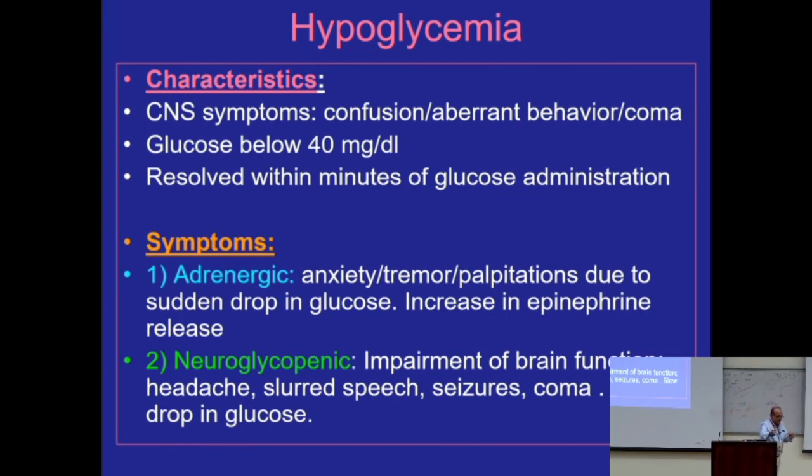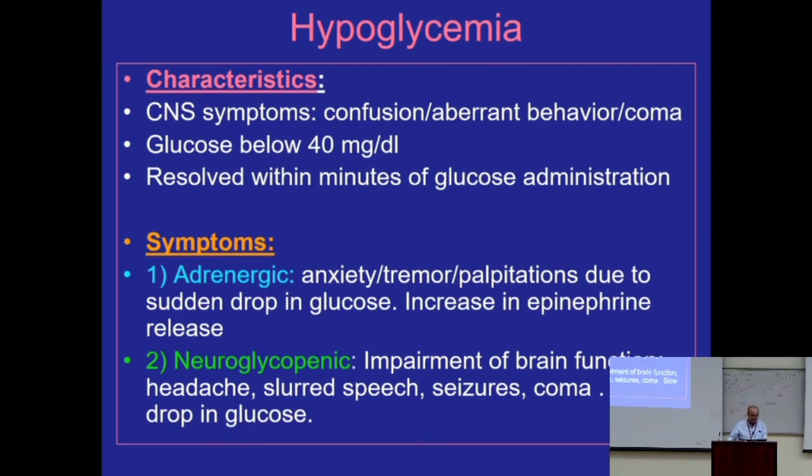So it sends signals to the pancreas to increase glucagon release. It sends other signals to increase epinephrine synthesis, cortisol, and so on. So the key there was a drop in serum glucose. So that's the normal body response: sense a drop in serum glucose, you respond by producing glucagon, epinephrine, and cortisol.